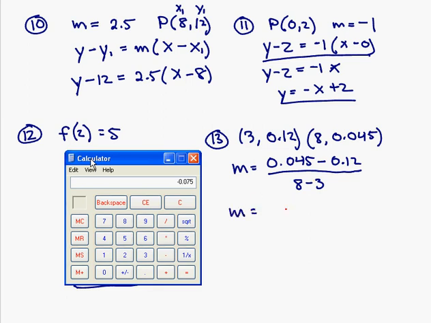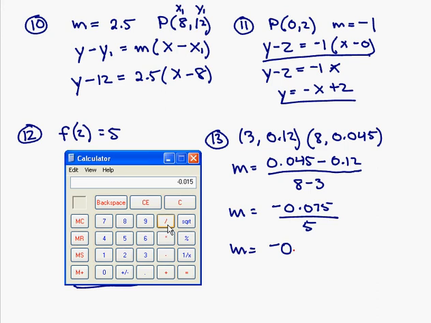And on the bottom, I have 8 minus 3, which is 5. So if I divide that by 5, my slope is equal to negative 0.015. Okay, so that's my slope.